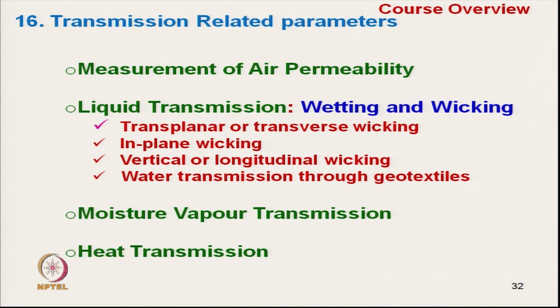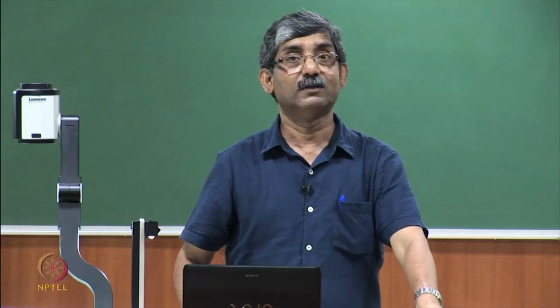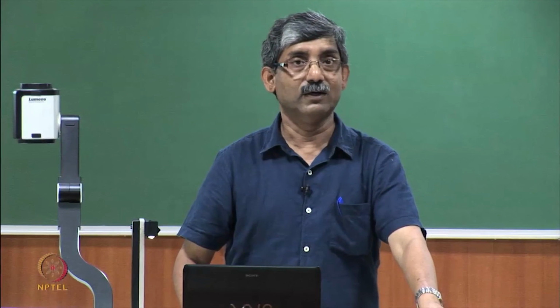So, that we will discuss. There are cup methods, like the sweating guarded hot plate method, all these methods we will discuss. Then heat transmission. So, for heat transmission the guarded hot plate method is there, then the TOG meter is there. So, measurement of heat transmission through textile material we will discuss.